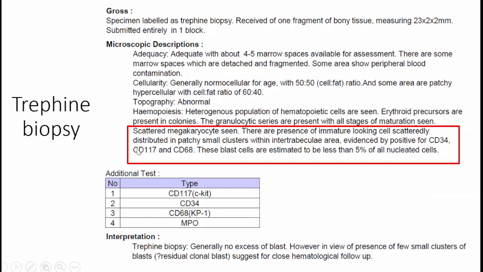Based on the trephine, there is presence of immature-looking scattered small clusters of CD34, CD117 and CD68 positive cells. Generally there is no excess of blasts. However, in view of the presence of a few small clusters of blasts, query residual, we suggest close hematological follow-up.